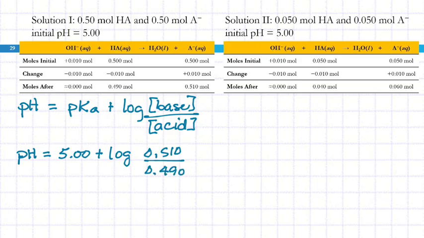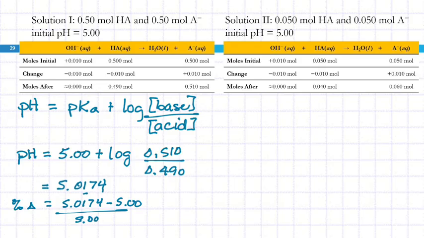This is 0.49. So a new pH is 5.0174. Percent change, 5.0174 minus 5 divided by 5 times 100. 0.35%. A very small change.